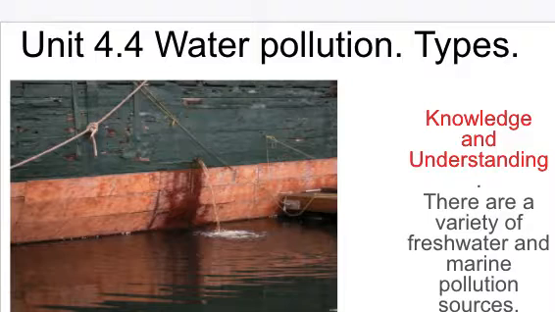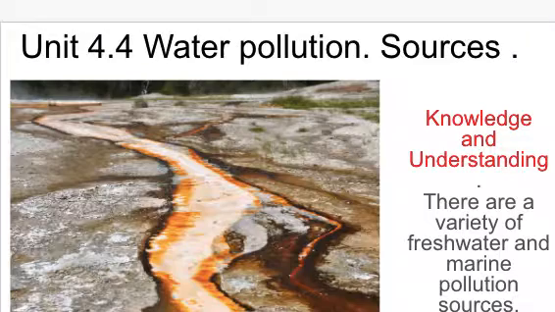Sometimes it is deliberate release just because it's cheaper to release pollution into the environment than it is to deal with it. And there we are thinking about that concept of the tragedy of the commons. So we're seeing water resources as a common resource, and a common resource for the disposal of pollution.